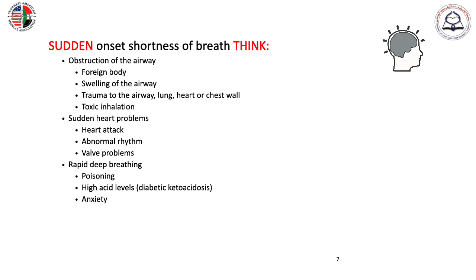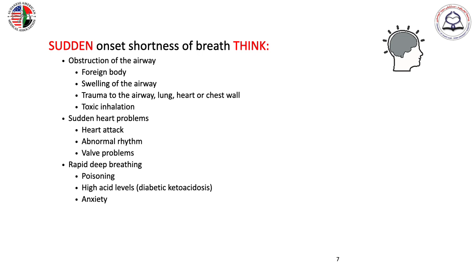With sudden onset of shortness of breath, always think about a foreign body in the airway, swelling of the airway as in allergy and anaphylaxis, and trauma. Always consider trauma to the airway, the lung, the chest wall, and inhalation of toxic agents. Sudden cardiac problems, those with an acute heart attack, can have acute pulmonary edema.